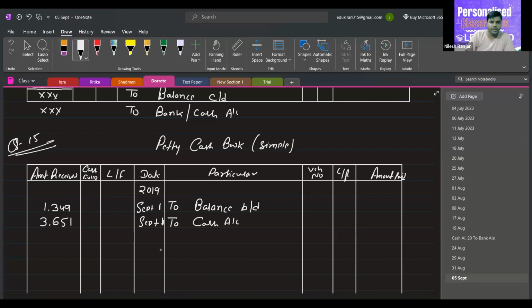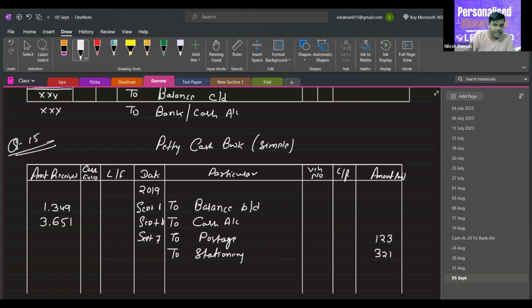Okay, now we will enter all the expenses. So the first expense is on September 7. It is postage. Yes, postage 123. So postage will be written here. Again, stationery, it is 321.